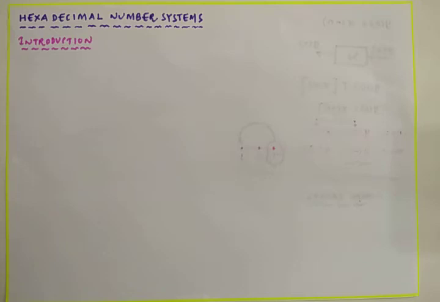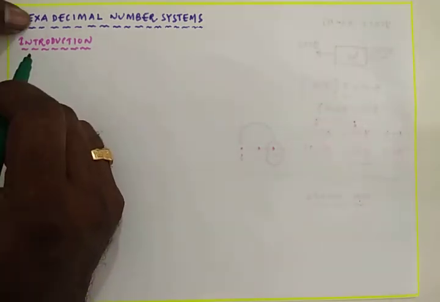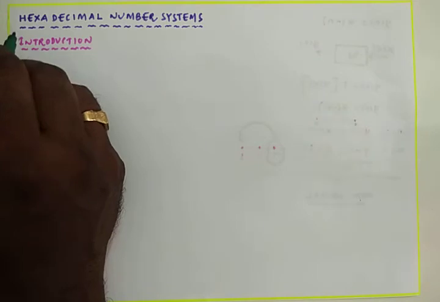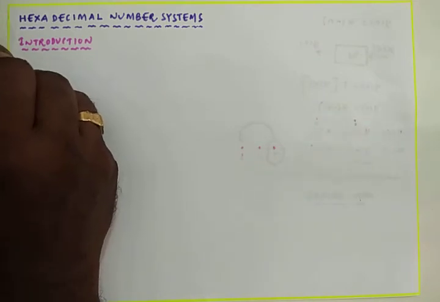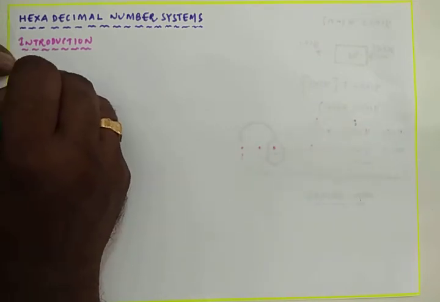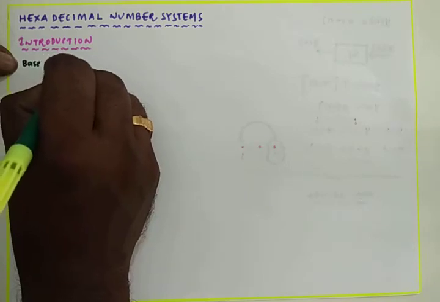The base or radix of this number system is 16. That means it has 16 digits.